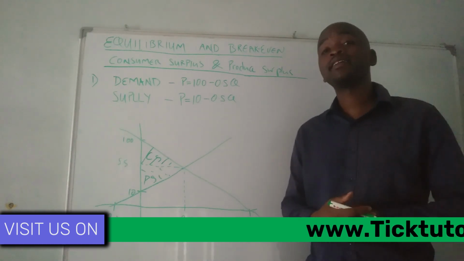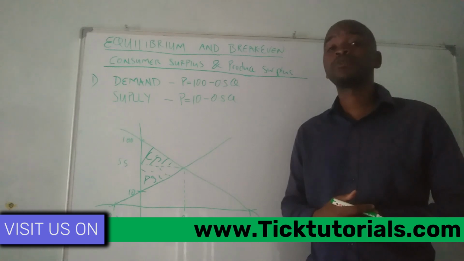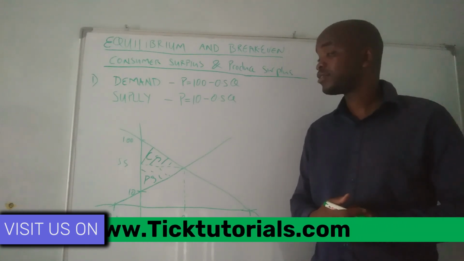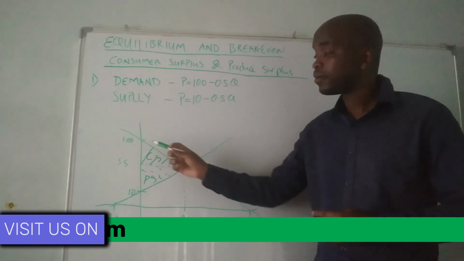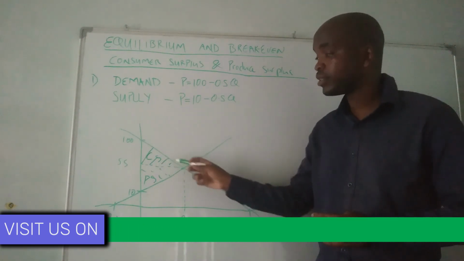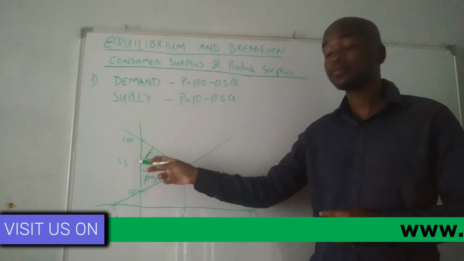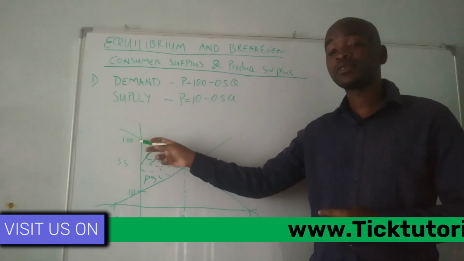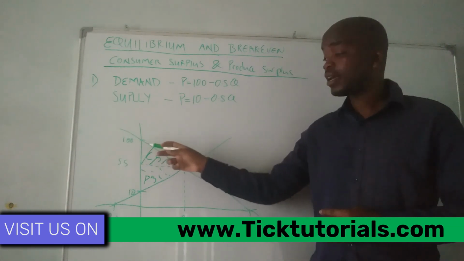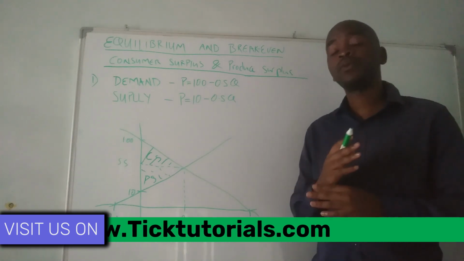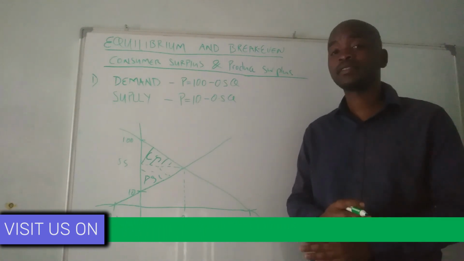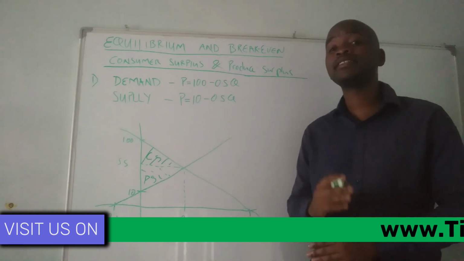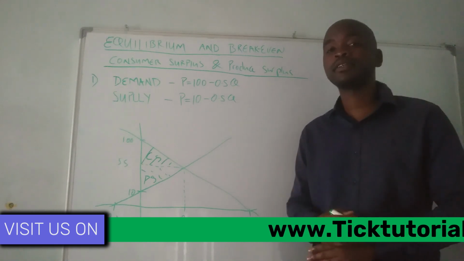The triangle that represents the consumer surplus is made by these 3 points: the equilibrium price, the y-intercept or the vertical intercept, and the point where the demand function and the supply function meet, our equilibrium point. So that's the triangle that indicates our consumer surplus.